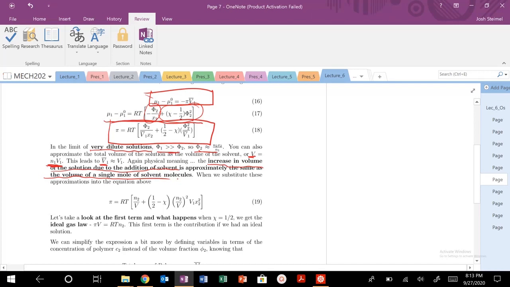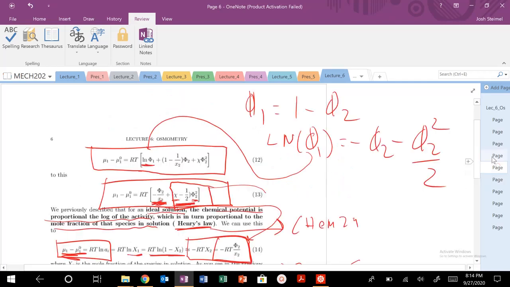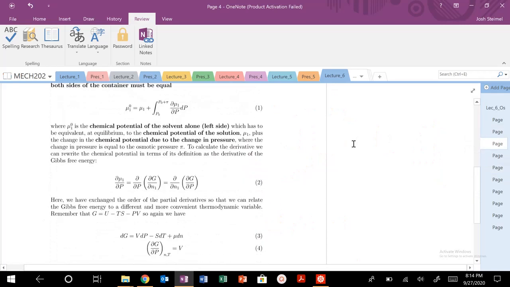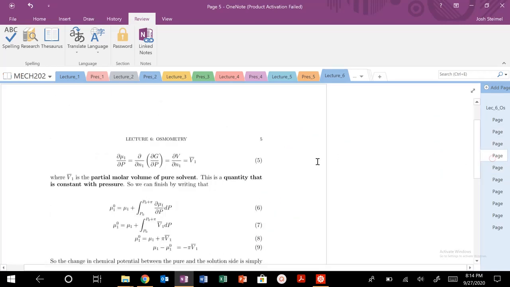So when we substitute this into our expression, V is equal to N1 V1, and our molar volume V1 is essentially equal to V1 right here. Again, this comes from, let's go back all the way over here to our molar volume.